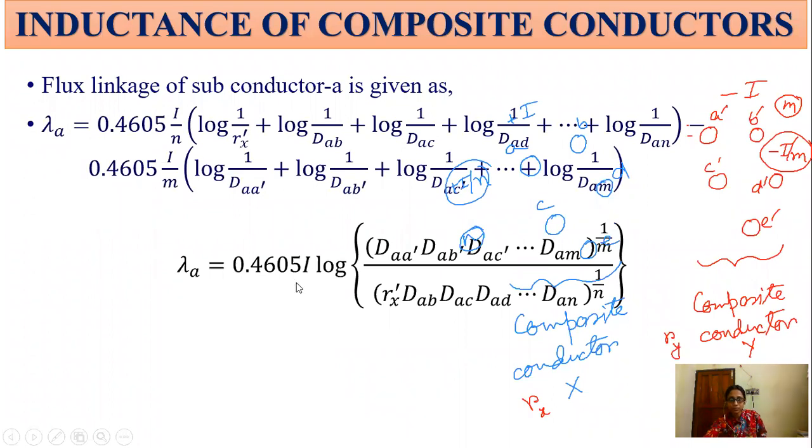So the flux linkage can be written as 0.4605 I into log of the product DAA dash, DAB dash, DAC dash up to DAM dash to the power 1 by m, divided by Rx dash DAB, the product of all the distances including the fictitious radius of subconductor A, to the power 1 by n.